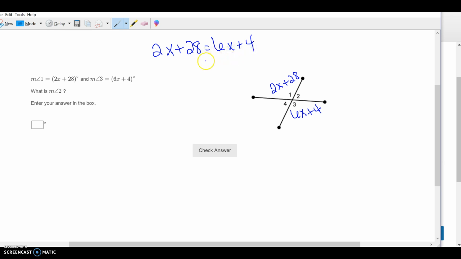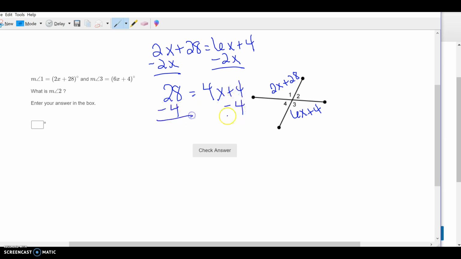To solve for x, we're going to subtract 2x from both sides. We get 28 equals 4x plus 4. Subtract 4 on both sides. 24 equals 4x, divide by 4.